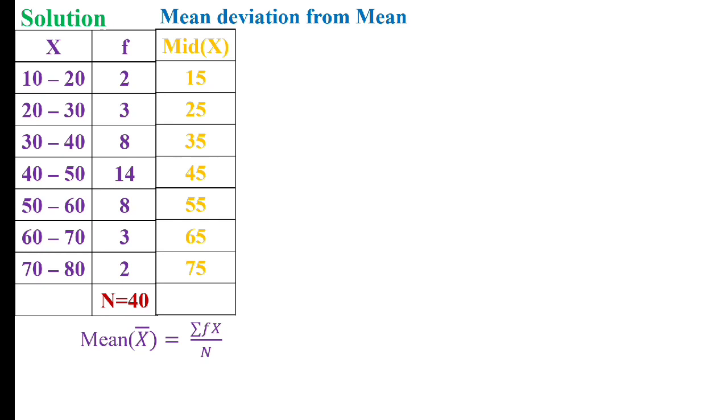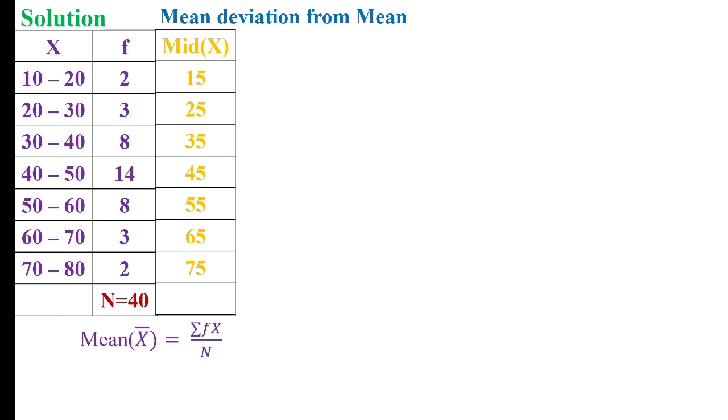Here 10 plus 20 divided by 2 is 15, 20 plus 30 divided by 2 is 25, 30 plus 40 divided by 2 is 35, 40 plus 50 divided by 2 is 45, 50 plus 60 divided by 2 is 55, 60 plus 70 divided by 2 is 65, 70 plus 80 divided by 2 is 75. Along with that we need to find f and x.